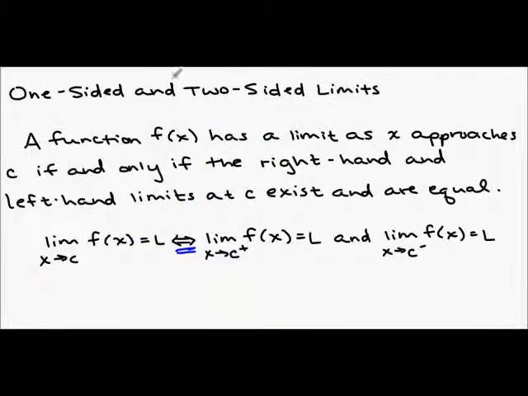Okay. One-sided and two-sided limits. A function f of x has a limit as x approaches c if and only if the right-hand and left-hand limits at c exist and are equal. And this is the technical language for you, the math language.